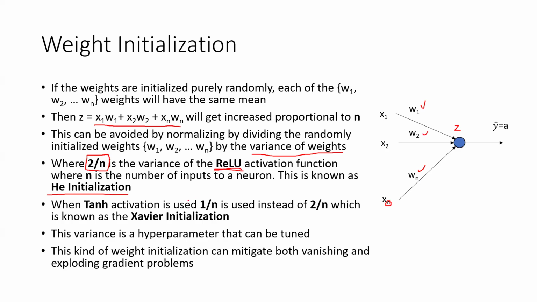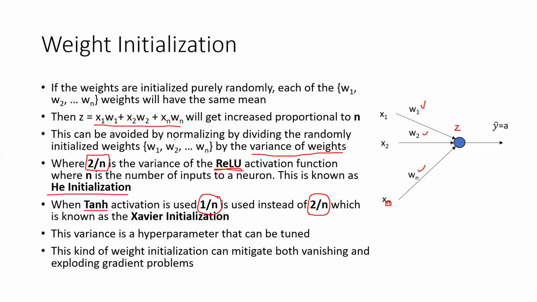We also said that sometimes we can use the tanh activation function for the inner neurons of a neural network. In that case, instead of using 2 by n, you use 1 by n, so you are just dividing these weight values by the number of weights, so that the weights are reduced. That is another way of initializing these weight values.